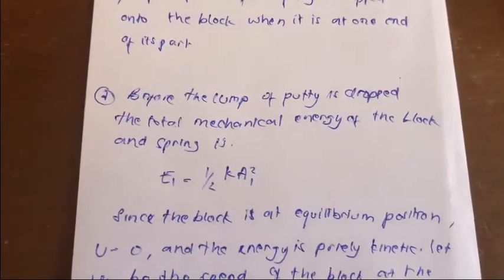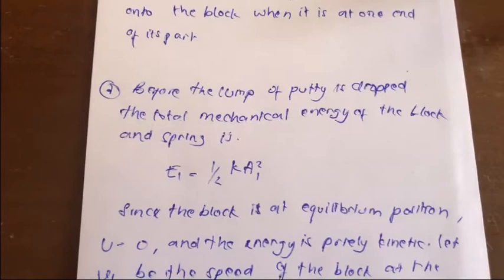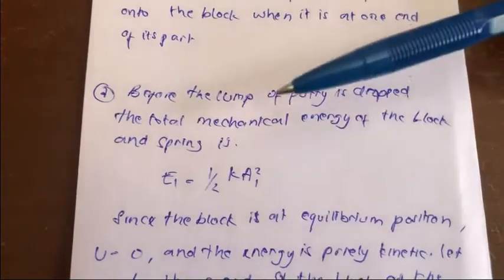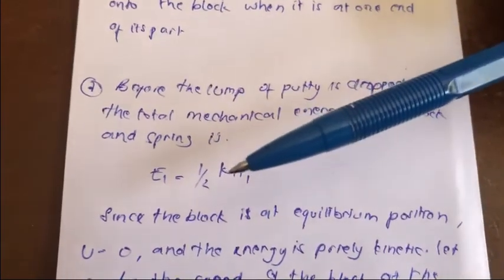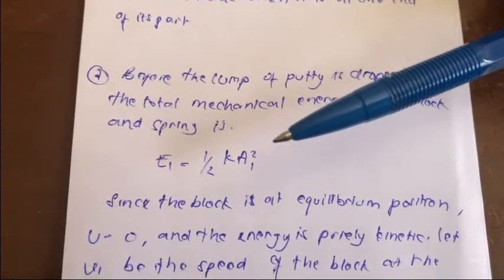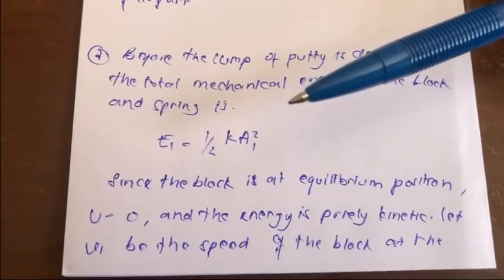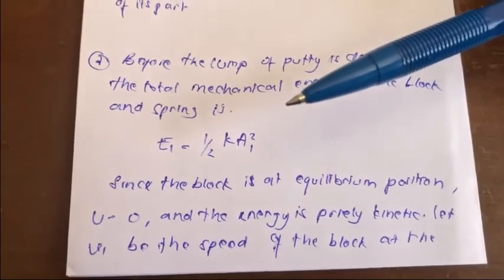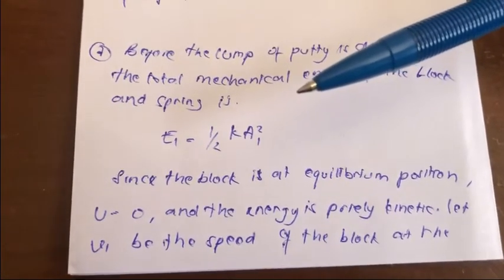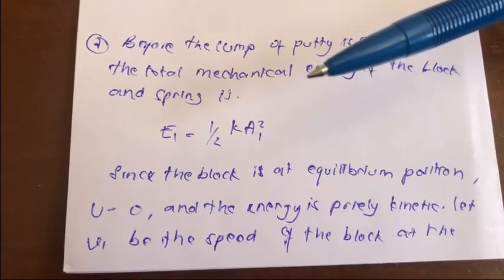First case: before the lump of putty is dropped, the total mechanical energy of the block and spring is E1 equal to half k A1 squared. Since the block is at the equilibrium position, U is 0 and the energy is purely kinetic.